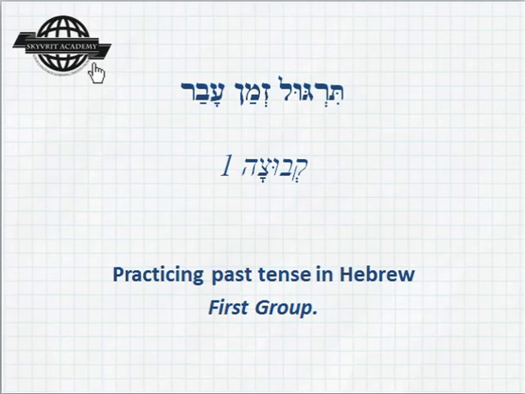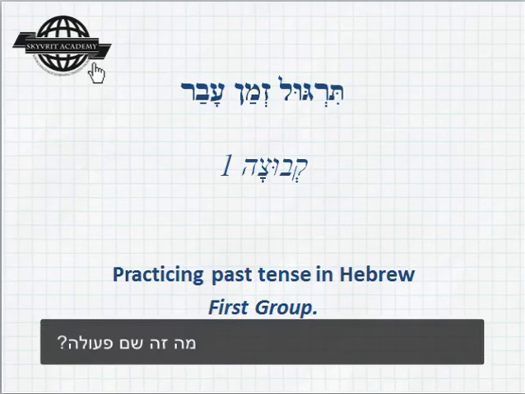Okay. So first of all, I want us to realize exactly what a verbal noun is. A verbal noun is everything to do and related to verbs.